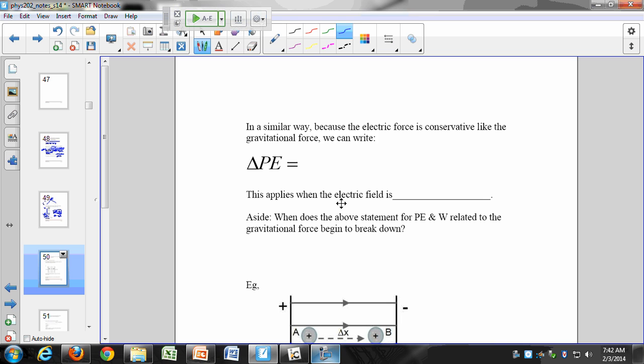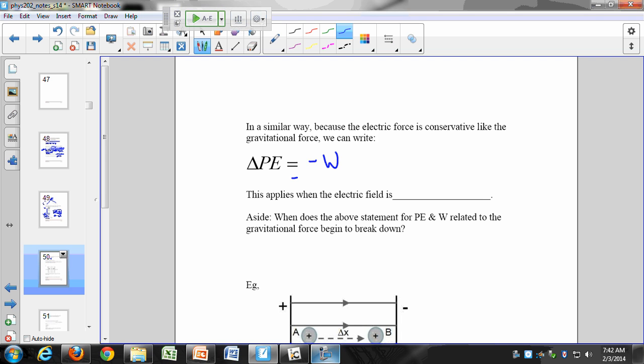So, in a similar way, and this is sort of what we're building up to, the electric potential energy is equal to the negative of the work, right?